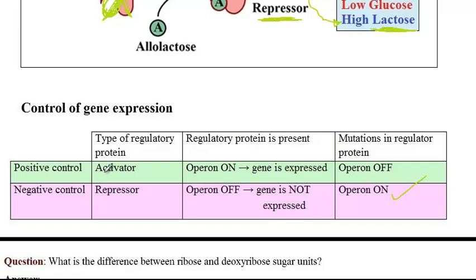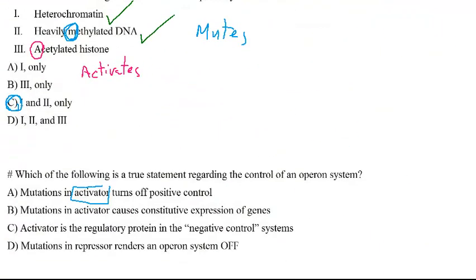So here, activator has positive control while repressor is a mechanism of negative control. If we destroy activator, the gene will no longer get expressed. On the other hand, if we destroy repressor, now we can express the gene. So now, with that review, let's go back to the question again.